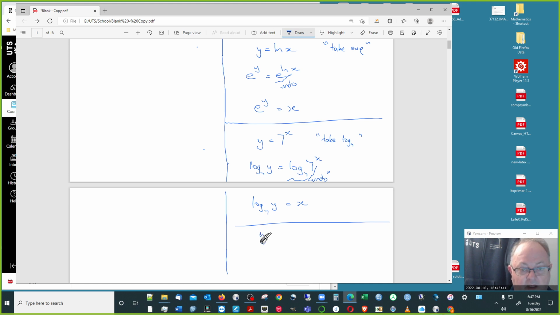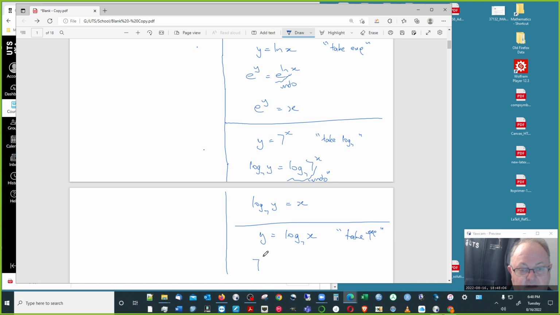What about y equals the log base 7? How do we undo log base 7? We take the exponential.